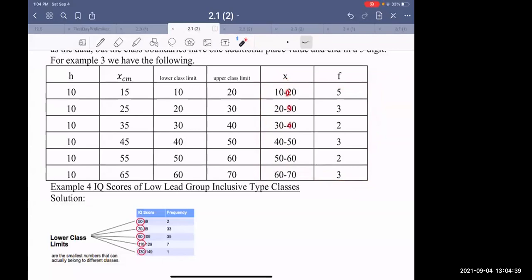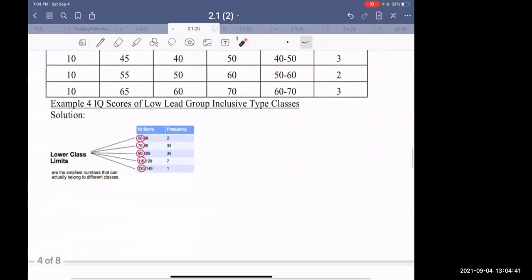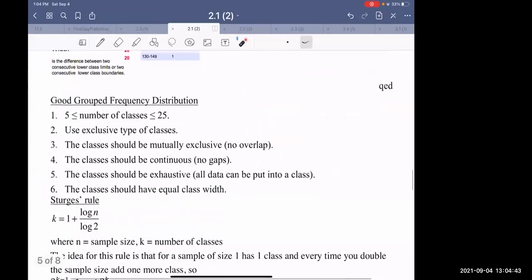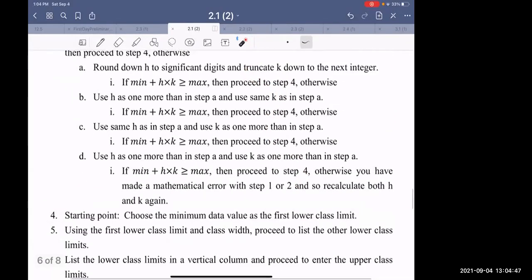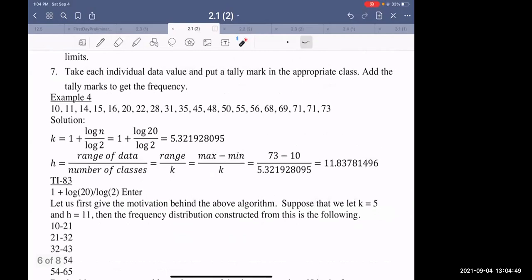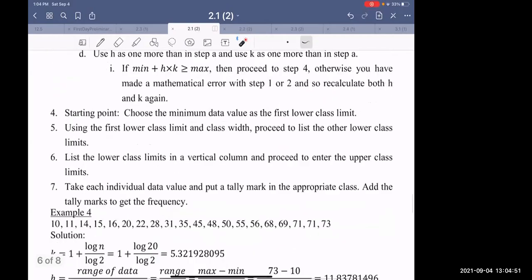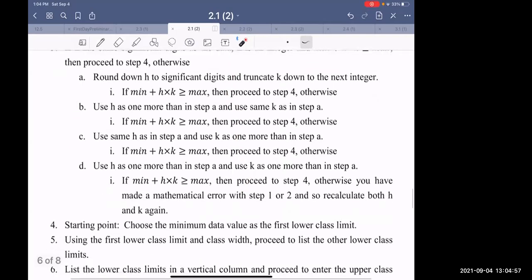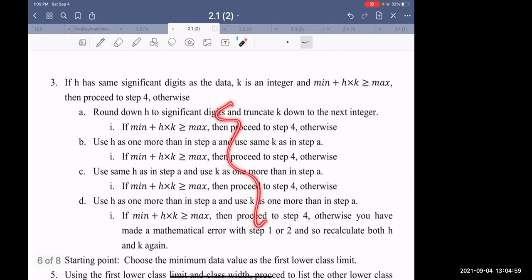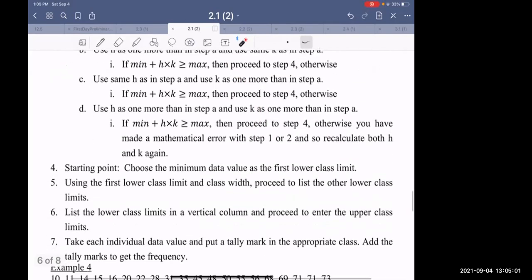I can't have a fractional number of these classes. So that's a problem. That's why we have this algorithm here, and why I'm doing this example, to hopefully have you understand what this algorithm is and why it proceeds.